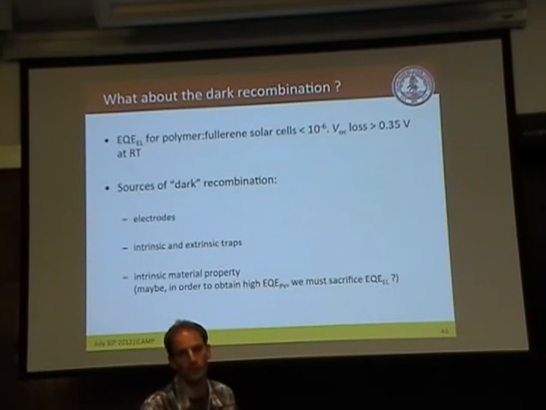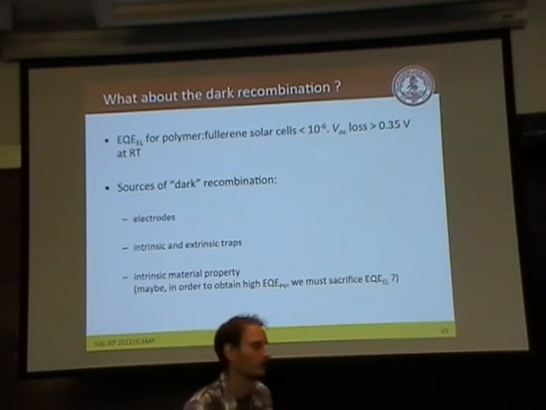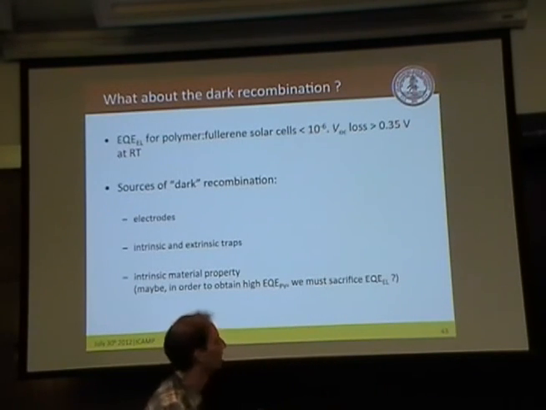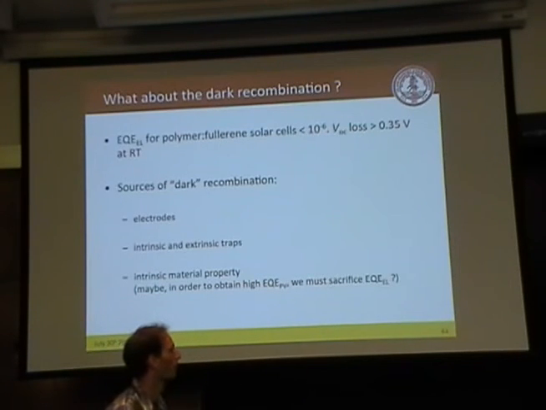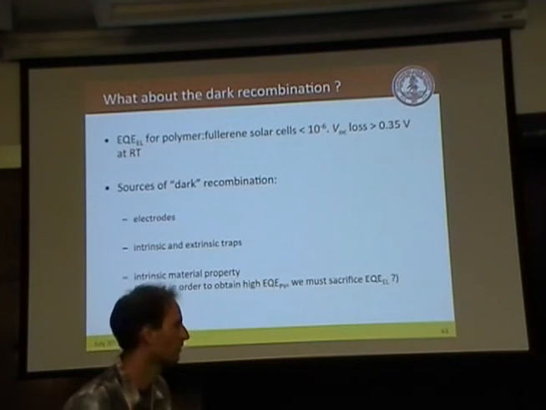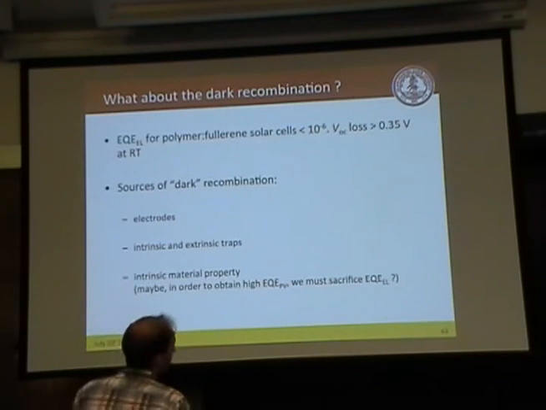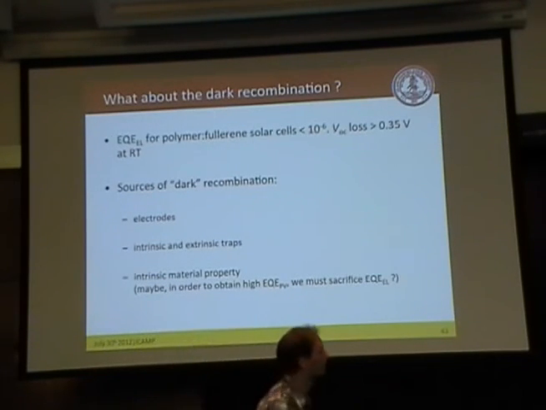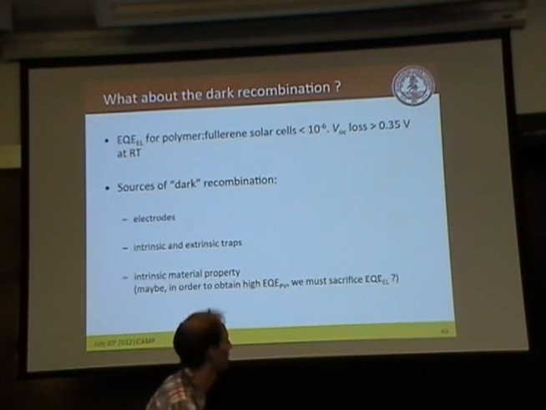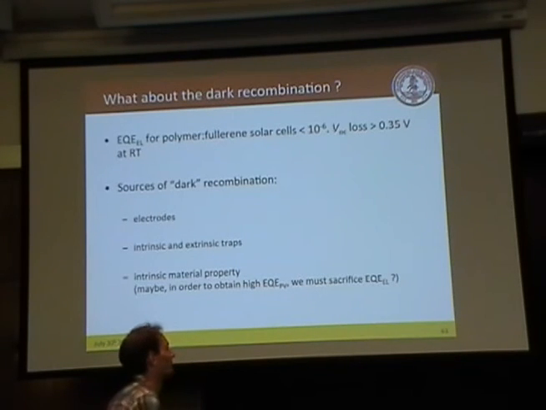That's why not so many people actually study this, because you need to be able to detect it. The quantum efficiency is 1 in 1,000,000 or lower. So that means that your VOC loss due to all these additional non-radiative recombination pathways is bigger than 350 millivolts at room temperature. You can lower this by just cooling it down, but that's not room temperature conditions anymore. So, unfortunately, this is the only thing I can say about the dark recombination.